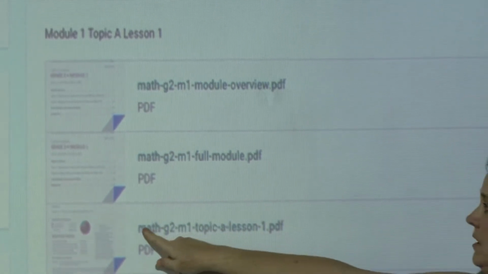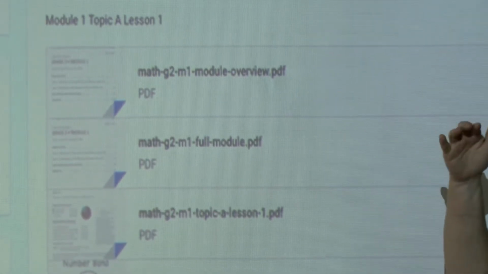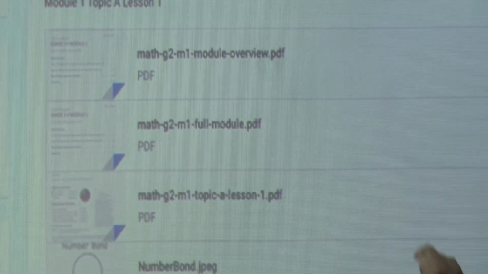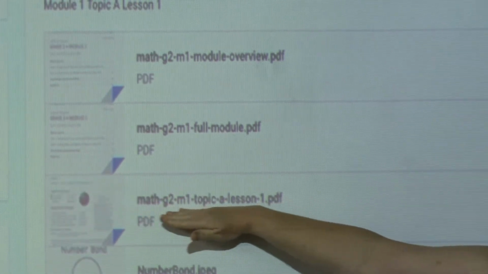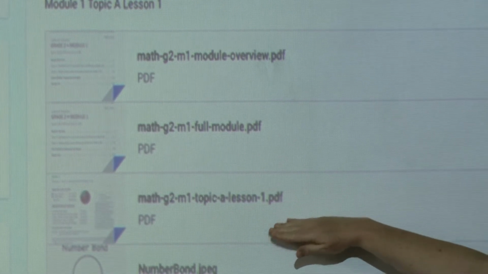I would recommend opening the Lesson 1 into your Notability. That way you can pull it up, and as we're going through things, you can write on it. So I would recommend pulling that up into Notability if you have a minute.